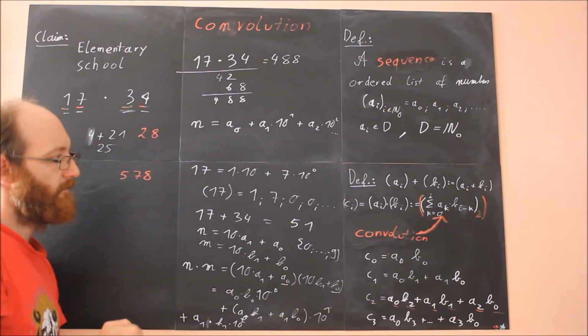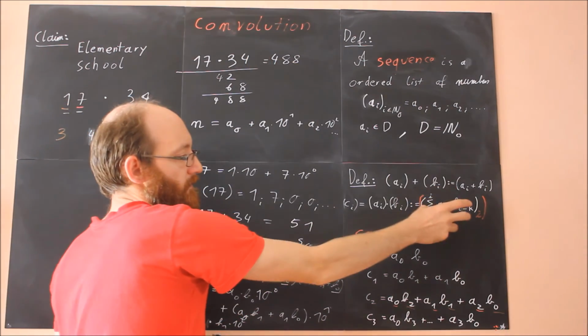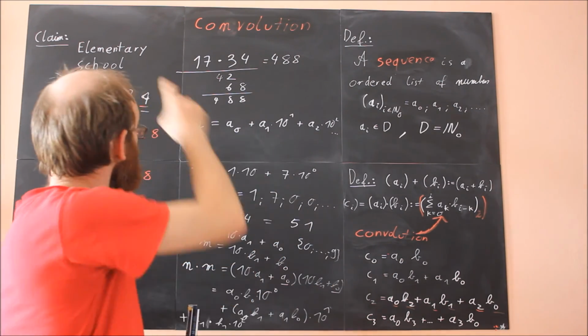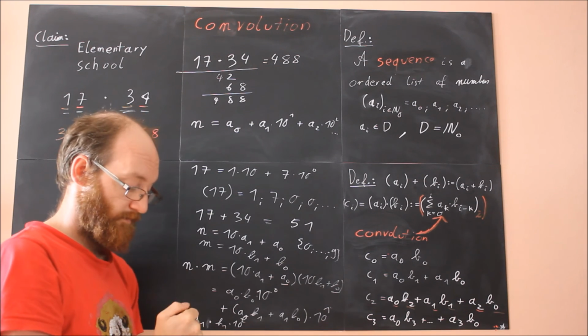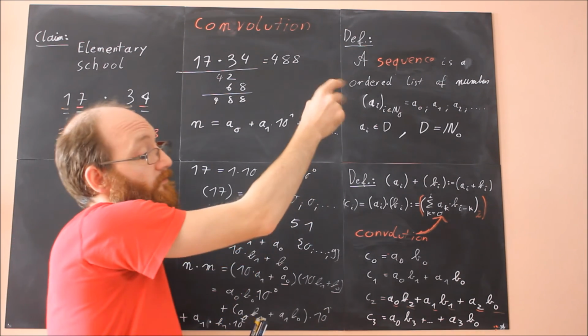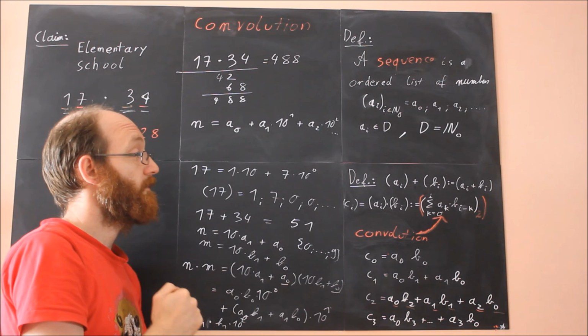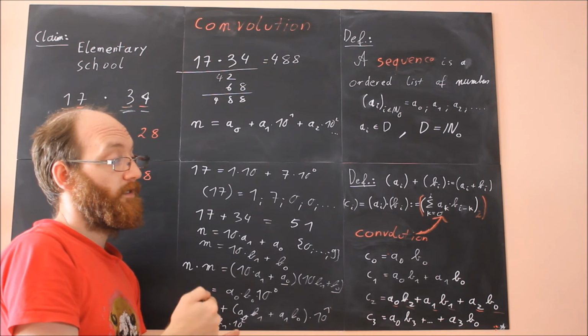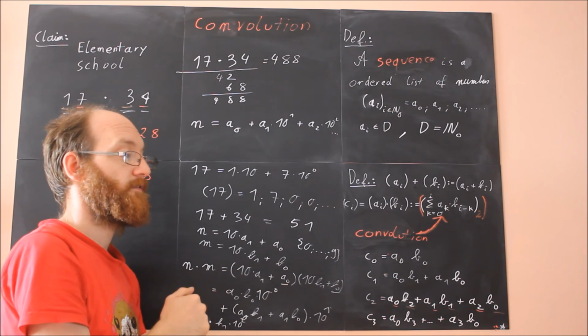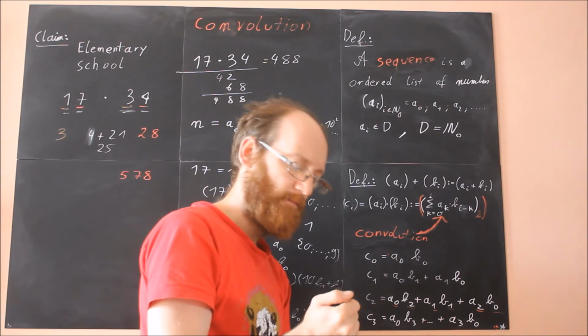I hope you get the idea with the convolution, and we use this since elementary school. And now, if we understand the convolution, it's also clear how we can use the Indian multiplication for 3-digit numbers. I've heard this question a couple of times.